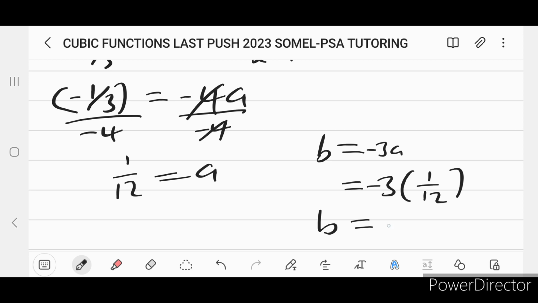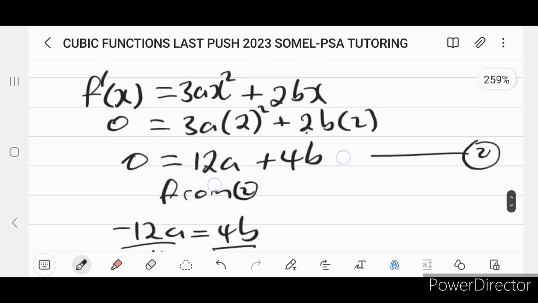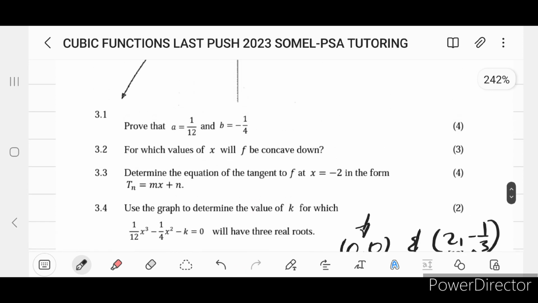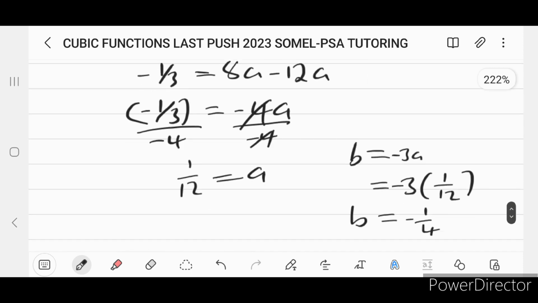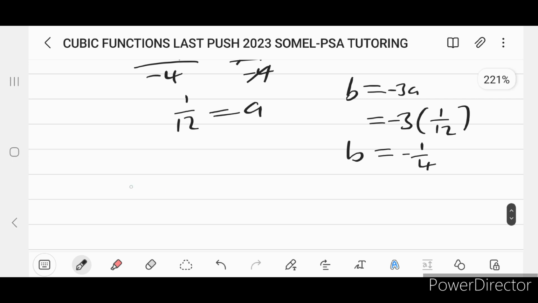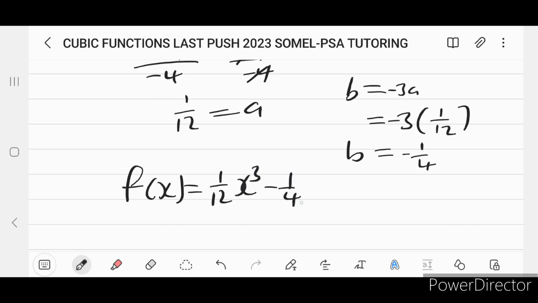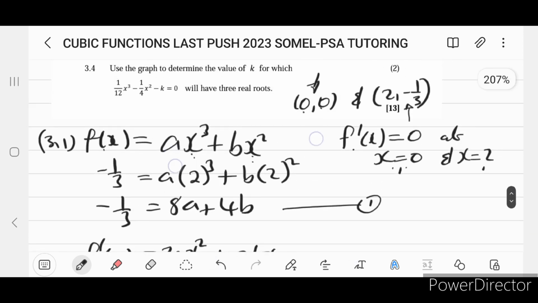So I'm done doing that. Therefore, my total formula is going to be 1 over 12 x cubed minus 1 over 4 x squared. So that becomes my equation.